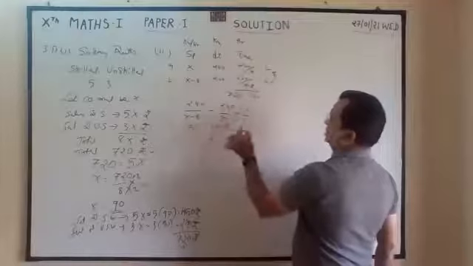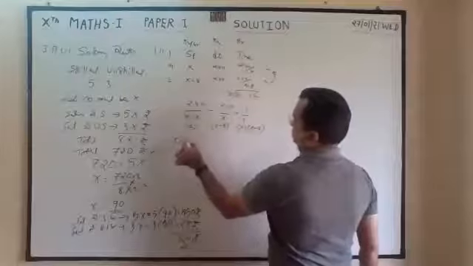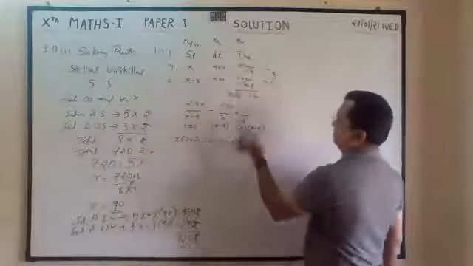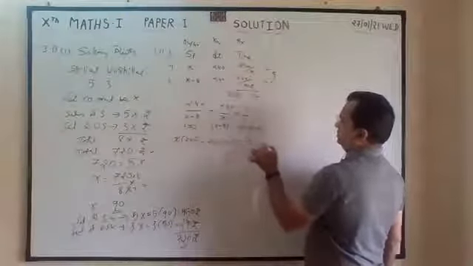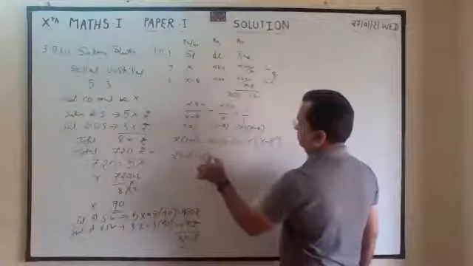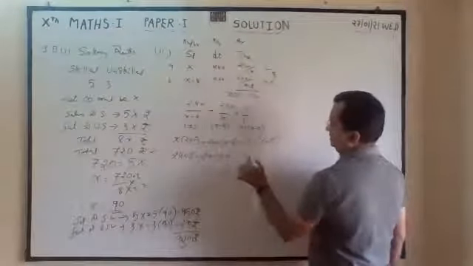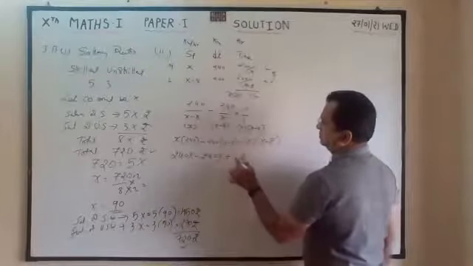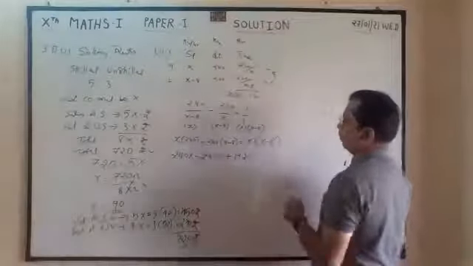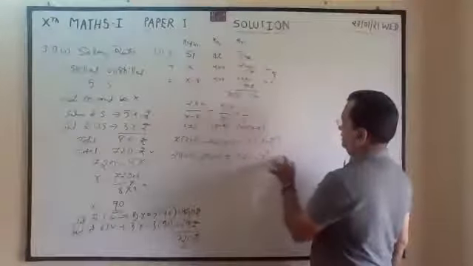Now this into this: 240x minus 240 times x minus 8 is equal to x times x minus 8. 240x minus 240x, minus minus plus, so 1920 equals x square minus 8x.